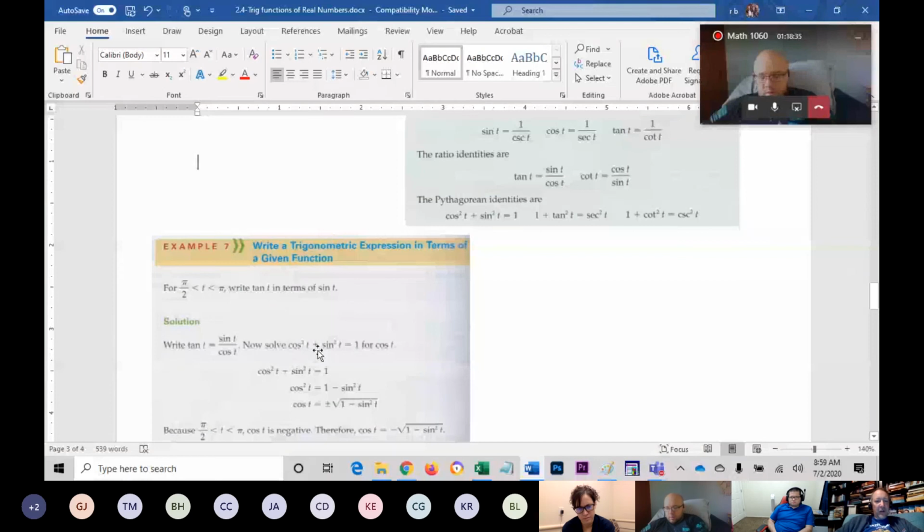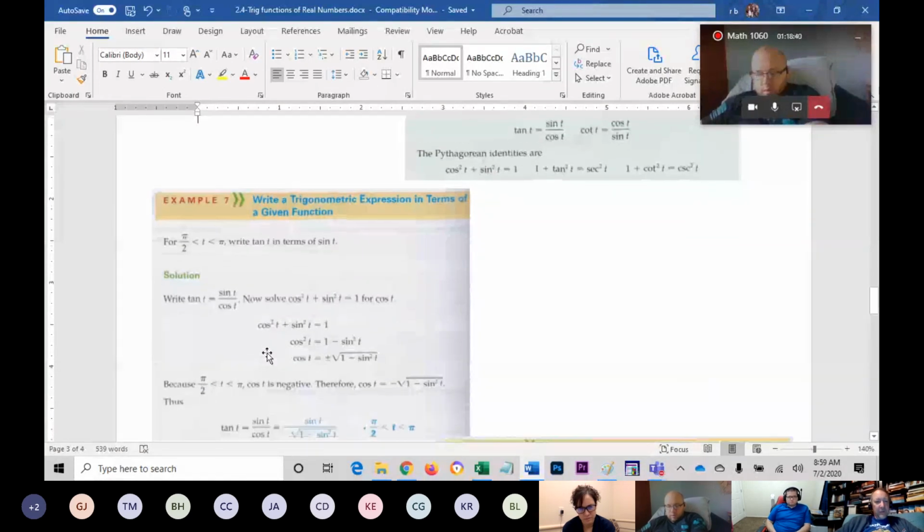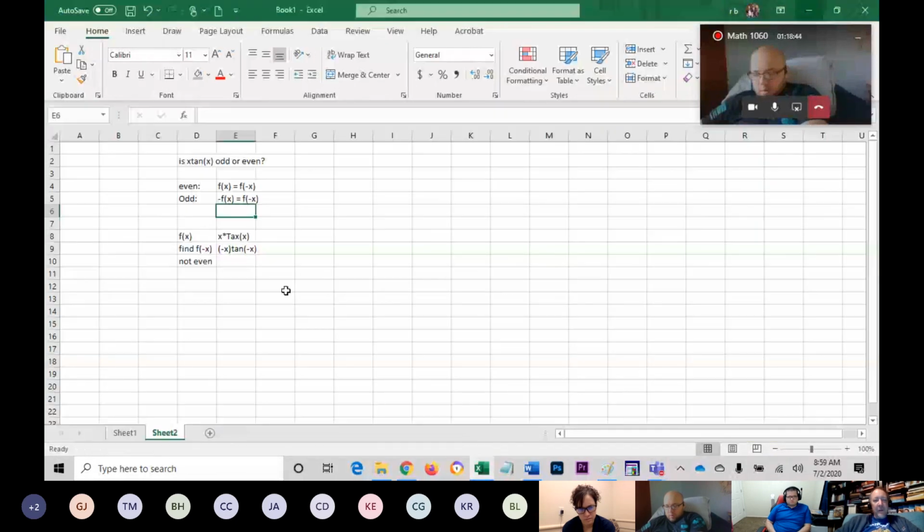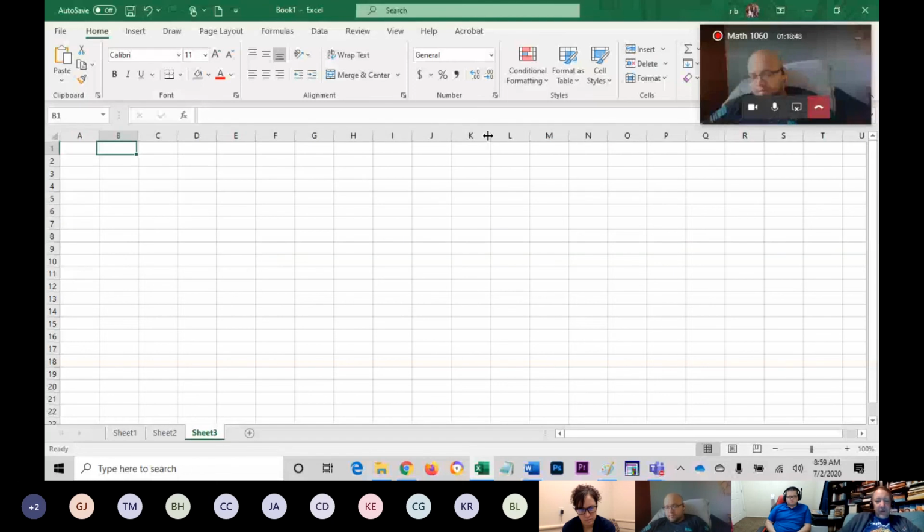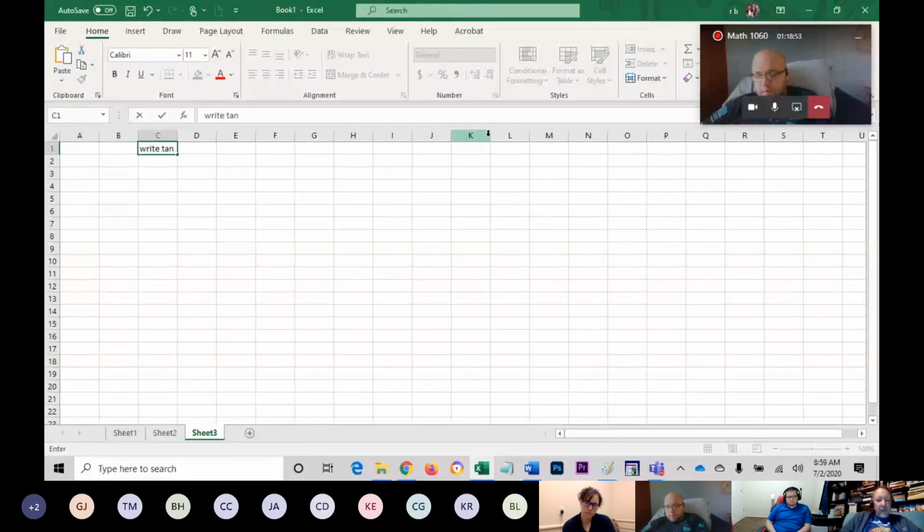And now we can solve the Pythagorean identity. Let me do it this way. I think it might be easier. So write the tangent of t in terms of sine only, okay?